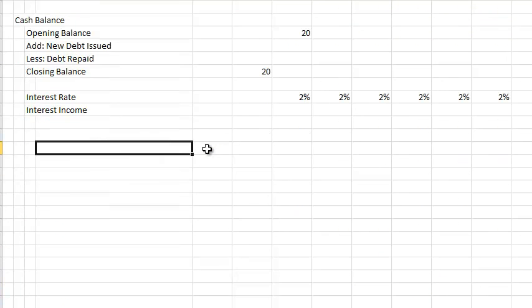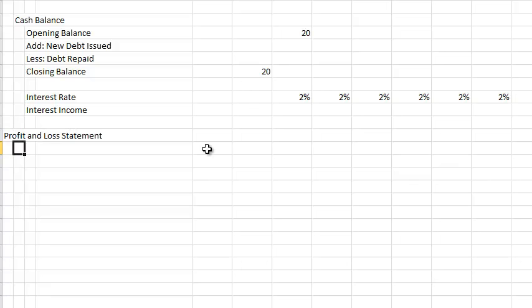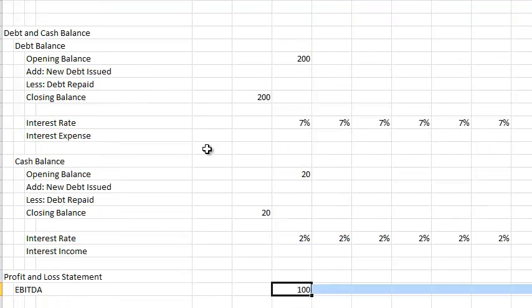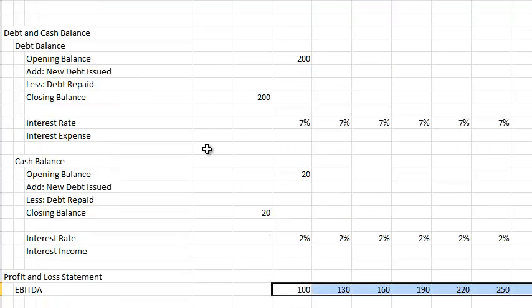Now, since we don't have taxes, I'm just going to make a cash flow statement. No, I won't. I'll make a profit and loss statement. And let's put EBITDA first, okay, and just get that from some sort of operating analysis.